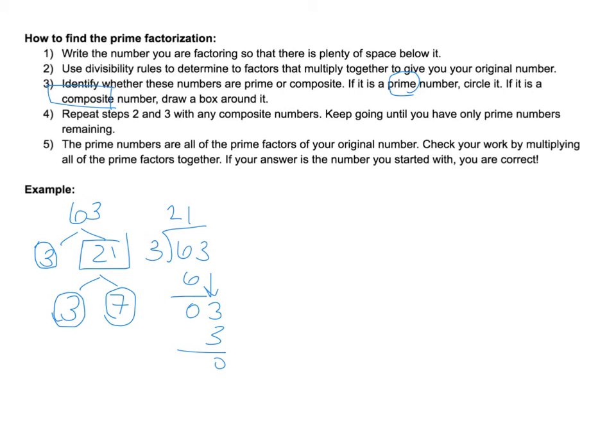Okay, so if we write this out, we've got 3 times 3 times 7. If we multiply these out, we can test our theory and see if we get 63. So 3 times 3 is going to give us 9. 9 times 7 we know is 63, so we are indeed correct. This is our prime factorization.